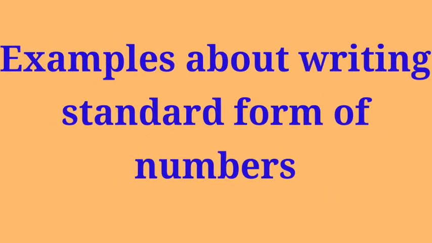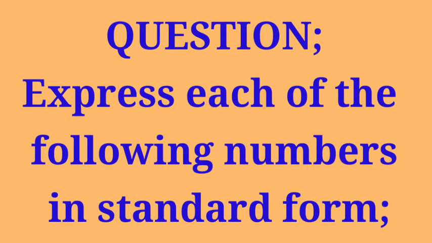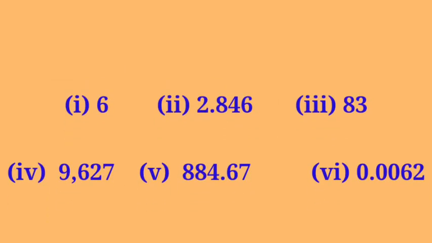Let us see different examples of numbers which are expressed in their standard forms. Express each of the following numbers in standard form. The first number is 6. The second number is 2.846. A third number is 83. A fourth number is 9,627.